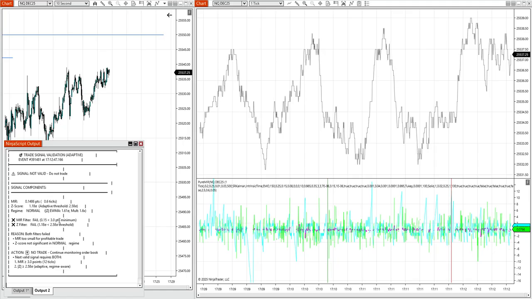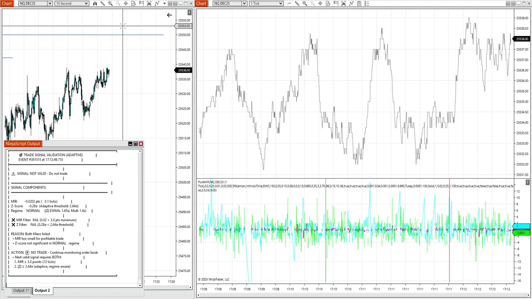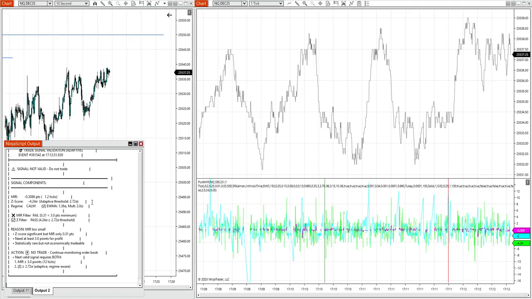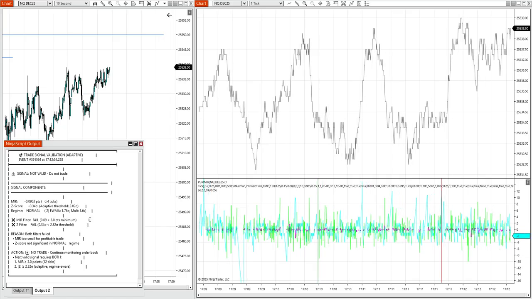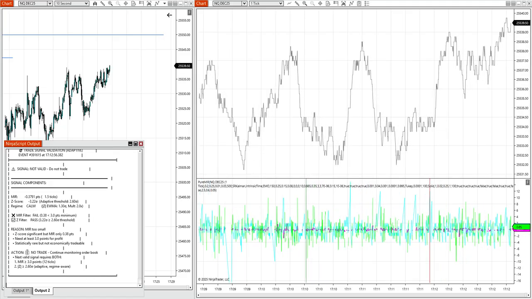And if those 3 points are statistically significant at that level, based on the volatility, then we can take the trade. It will tell us here.